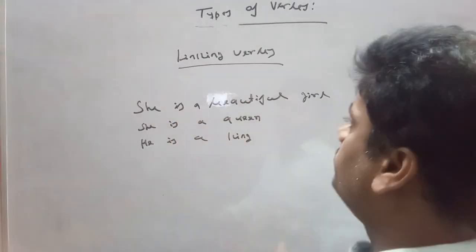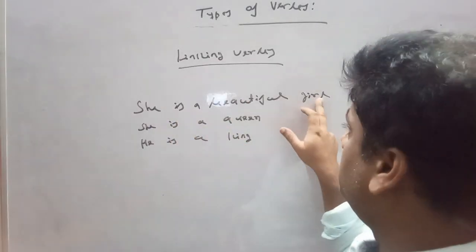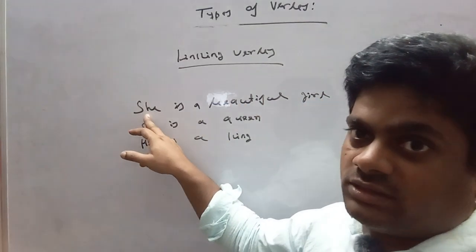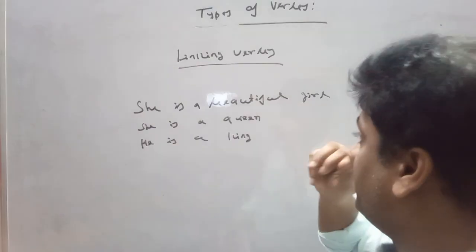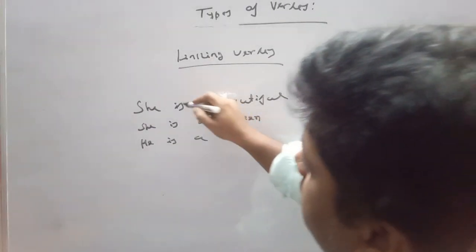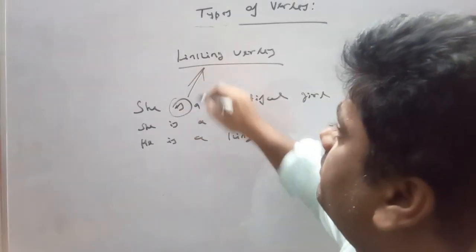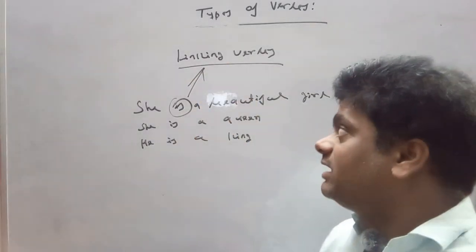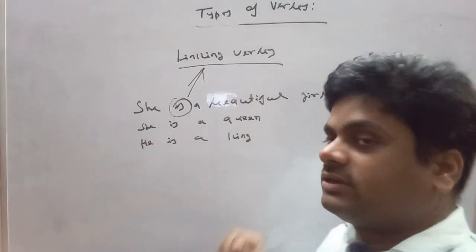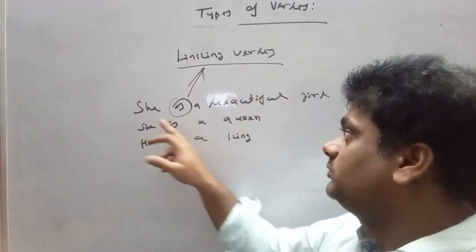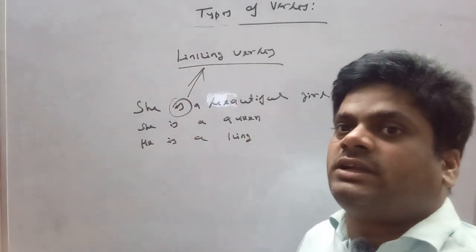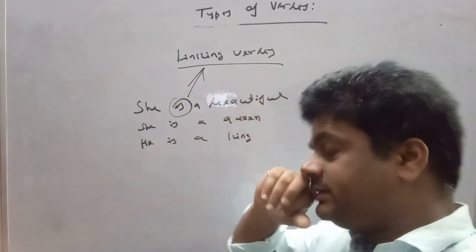So guys, she is a beautiful girl. Here, who is beautiful? Girl. Girl means she. Here she is the subject and its complement is beautiful girl. So here is works as a linking verb because it is making a bridge between the subject and its complement. Here the subject is going to express its relation with an adjective.